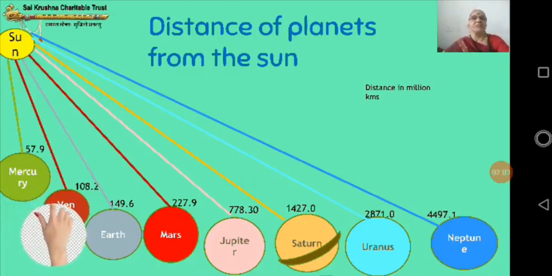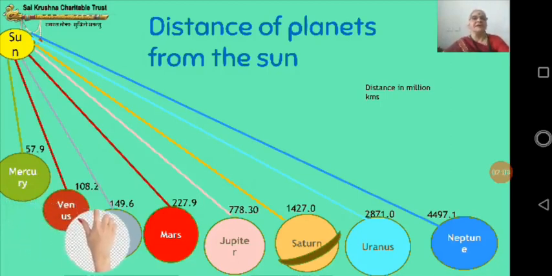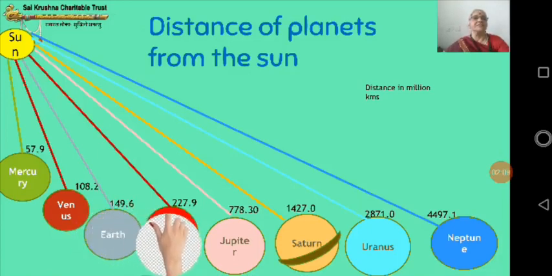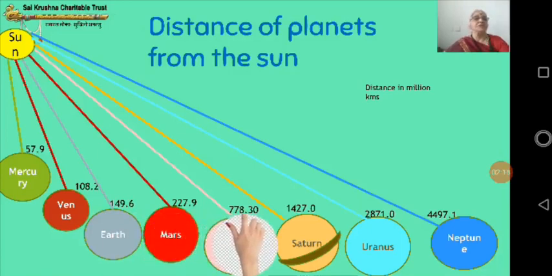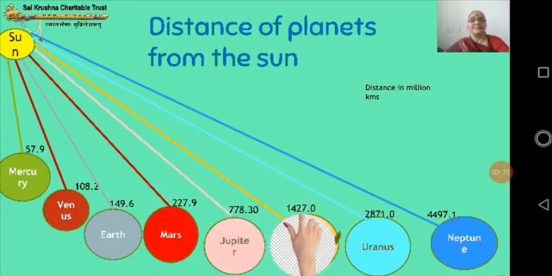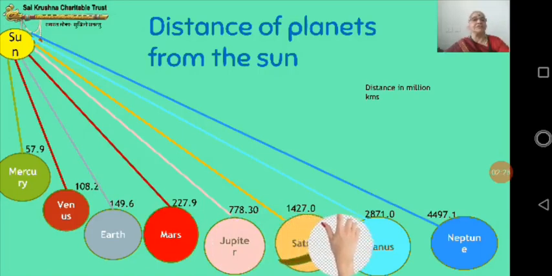Venus 108.2 million kilometers. Earth 149.6 million kilometers. Mars 227.9 million kilometers. Jupiter 778.30 million kilometers. Saturn 1427 million kilometers.